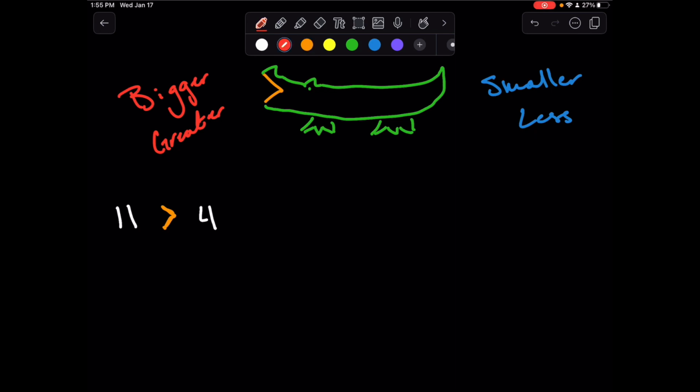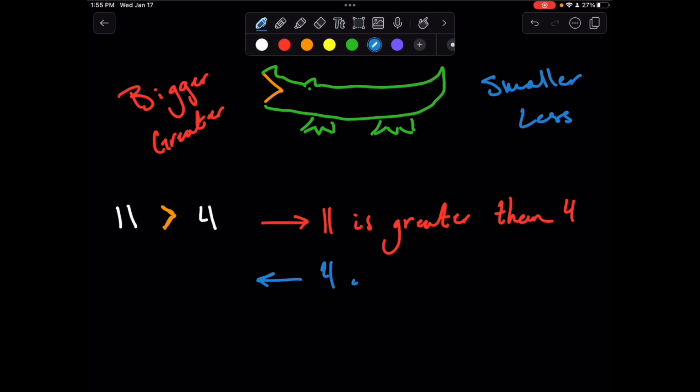If we read from the 11 to the 4, going this way, then we say 11 is greater than 4. And if we read from the 4 to the 11, we have 4 is less than 11.